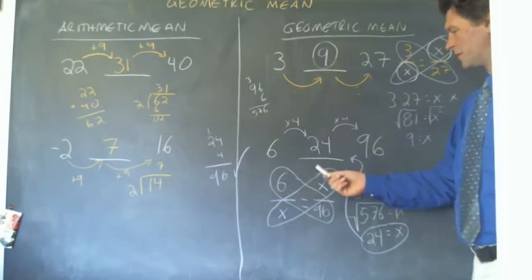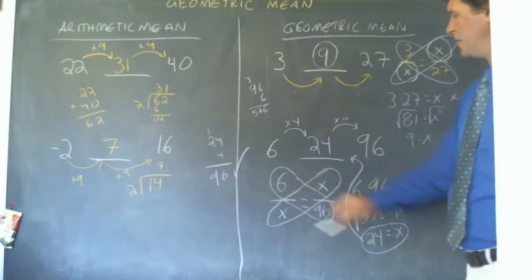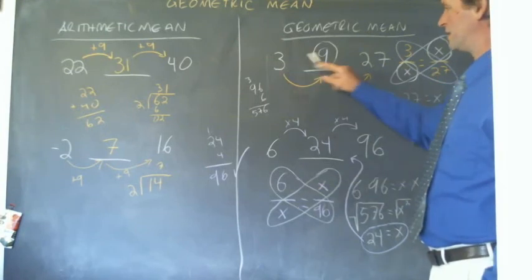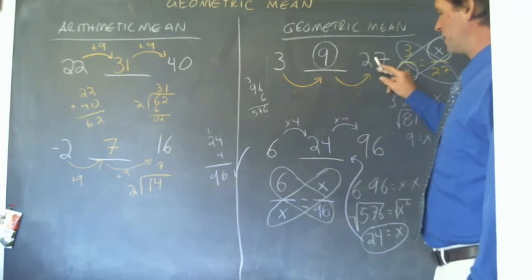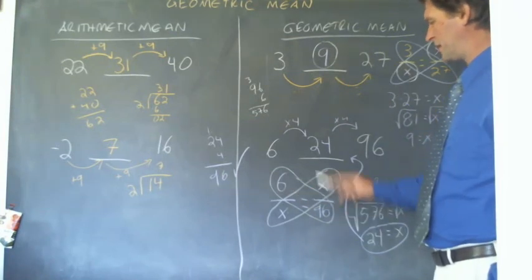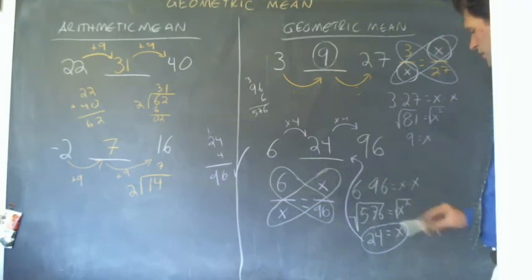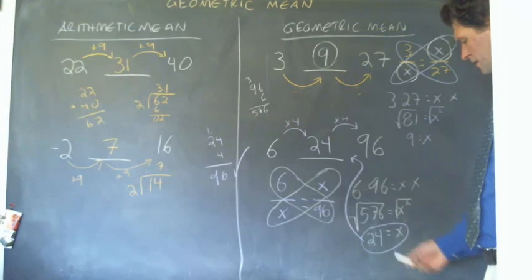We find the geometric mean by setting up a proportion, making sure that this is to that as this is to this other thing. 6 is to x, x is to 96. Cross multiply, solve, and square root to find the geometric mean.